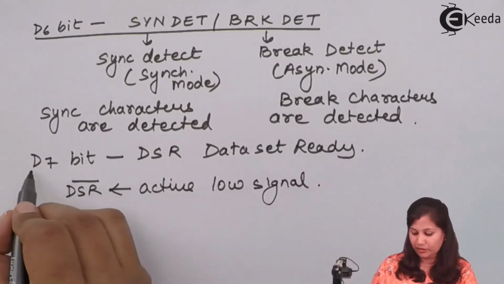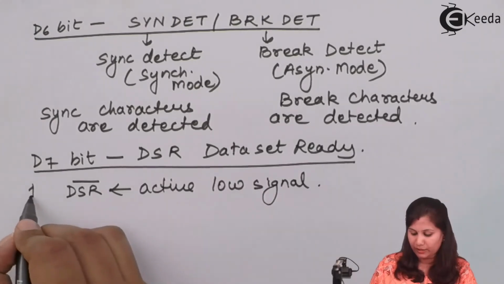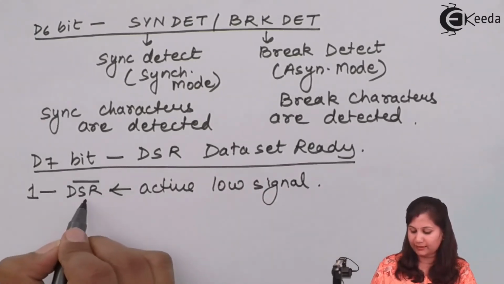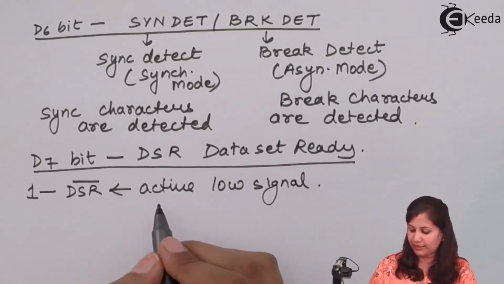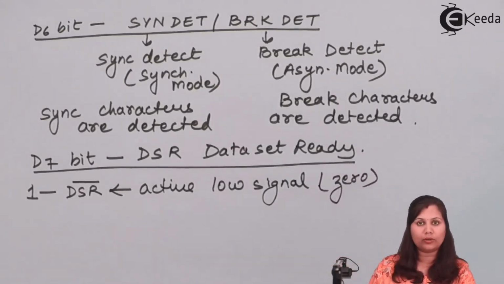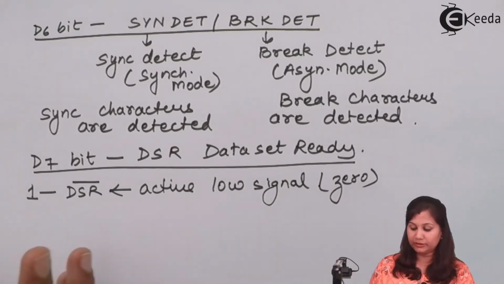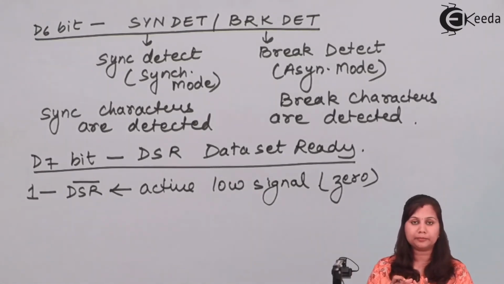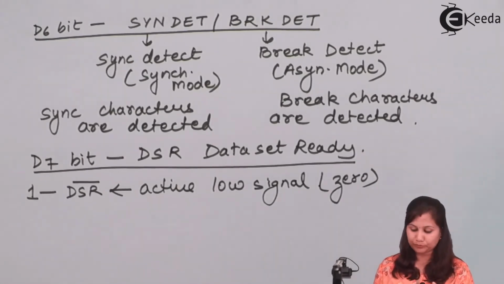Now if this D7 bit is 1, it means that this DSR signal is active, meaning its value is 0. That means the 8251 is ready for receiving or transmitting the data.